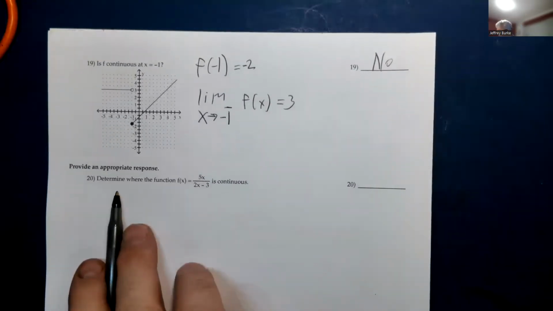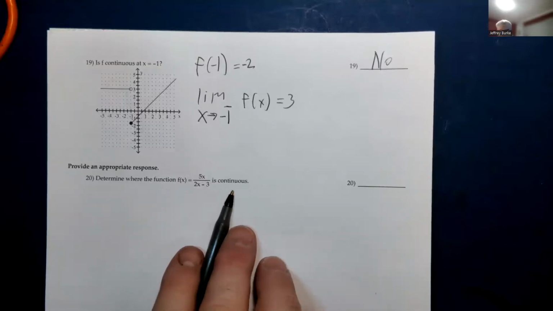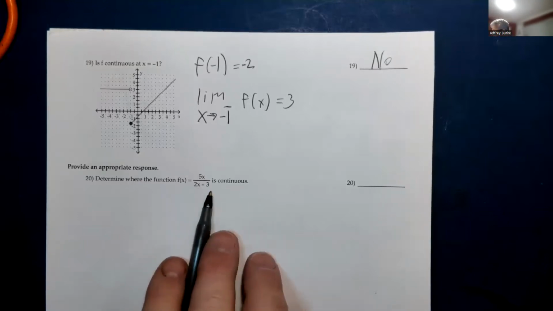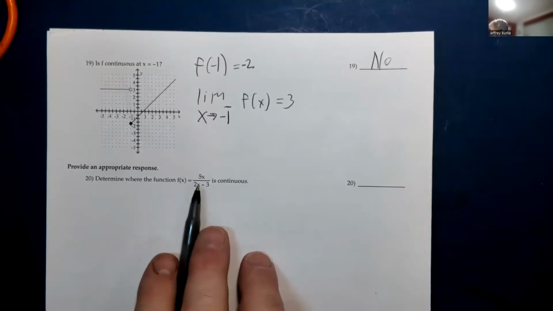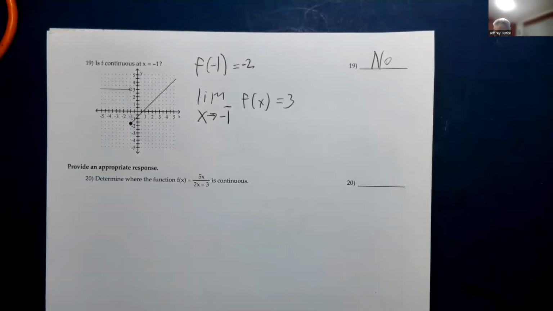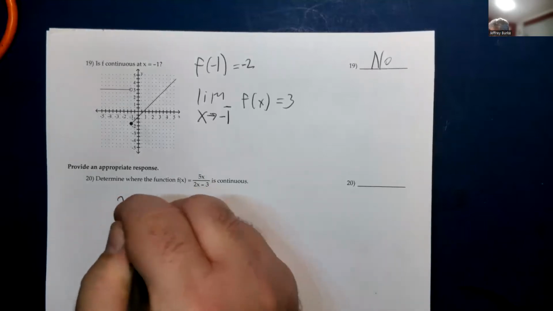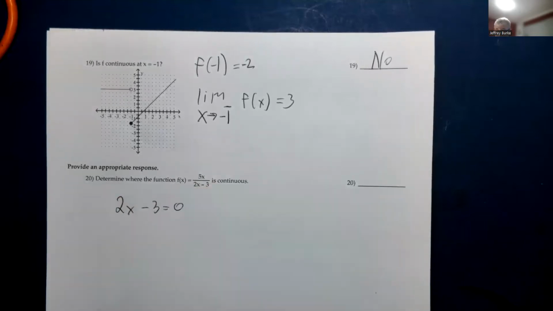Okay. And this one says determine whether function f of x is continuous. What we're going to basically look at here is that wherever the domain is restricted is where it's not going to be continuous. So we're going to set the denominator equal to 0, see what makes this 0, and then exclude that from the places where this function is continuous. So I'm going to take 2x minus 3 and set that equal to 0.